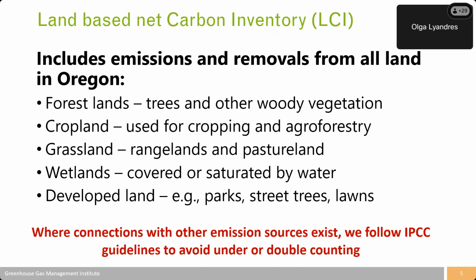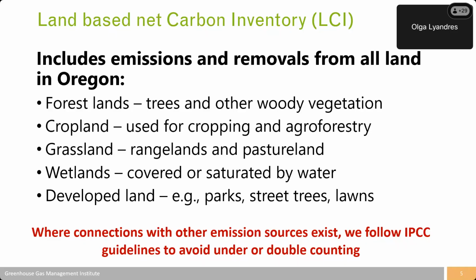Forest land, which includes all the land where you have trees and other woody vegetation. You have cropland, which is land that's used for cropping or forestry and perennial crops as well. Grassland includes rangelands and pasture lands in the state. Wetlands are lands that are covered or saturated by water, and we're including coastal and tidal as well as inland wetlands in the inventory.